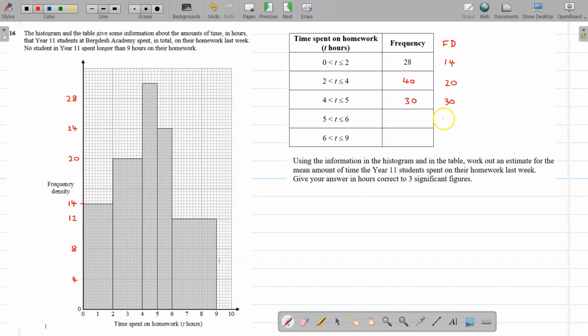This one is 24, and this one is also 24 because it's a width of 1 again. And finally, this one has a height of just 12, but a width of 3, so 12 times 3 is 36. Okay, the total frequency, if you add those numbers together, is 158.